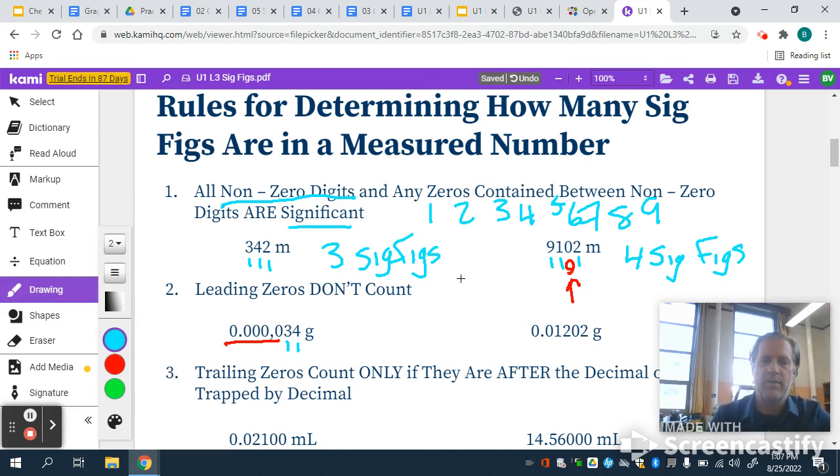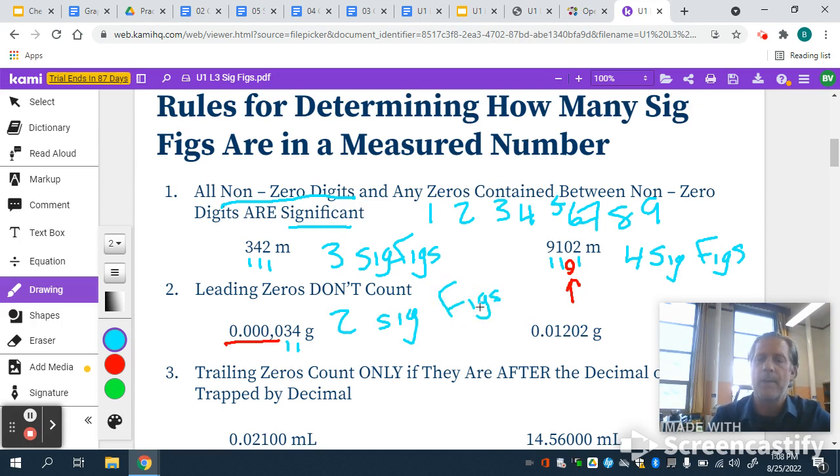That doesn't mean those leading zeros don't matter. It simply means they are holding place, but they're not part of being significant in terms of a measured number. So the number of significant figures here is just the 3 and the 4, which is 2 sig figs.